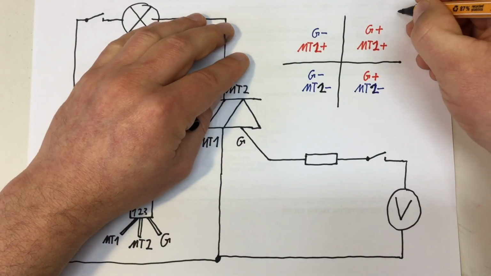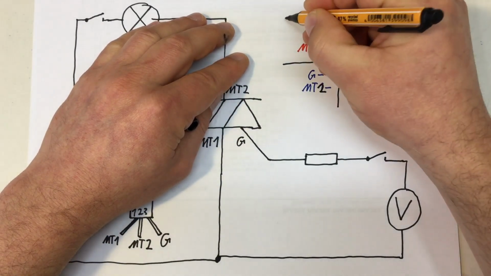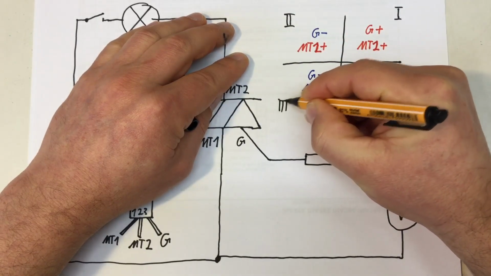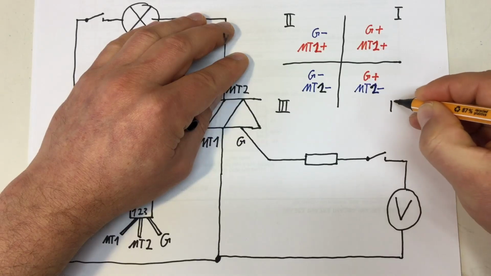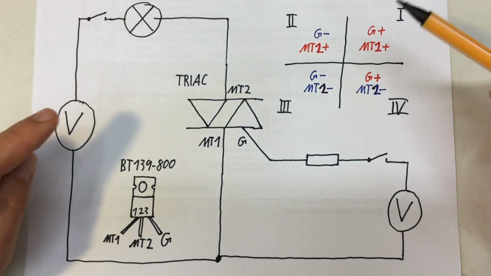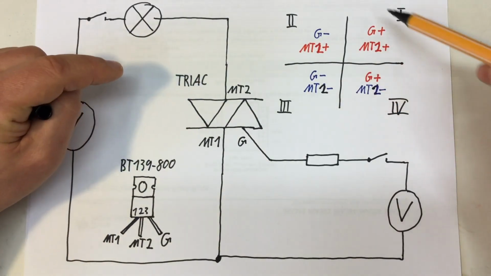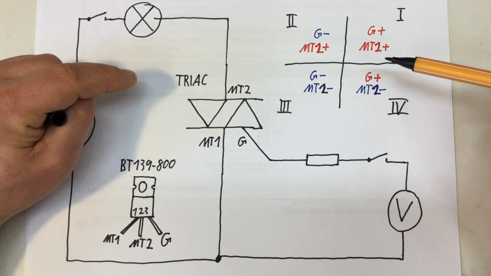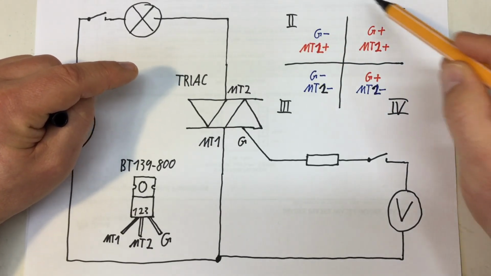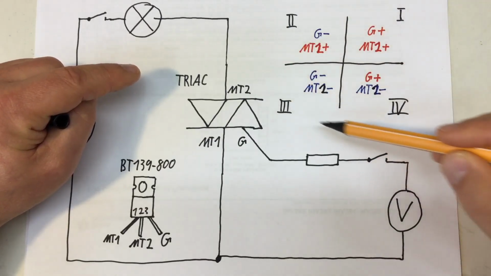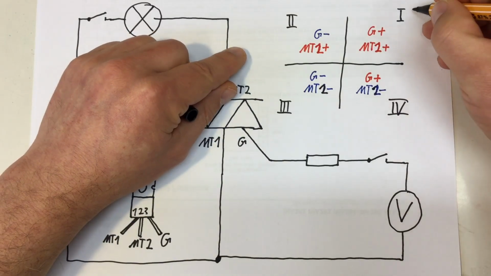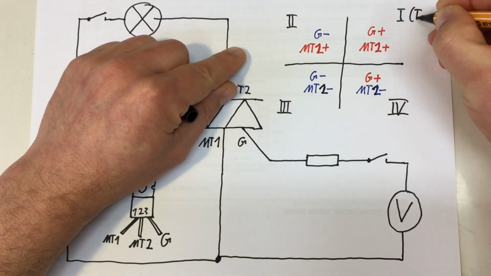And they are usually numbered 1, counterclockwise, 2, 3, and 4. So a TRIAC is also called a 4-quadrant device. And in some literature, they call the quadrants a little bit differently. They say quadrant 1 is 1 plus.